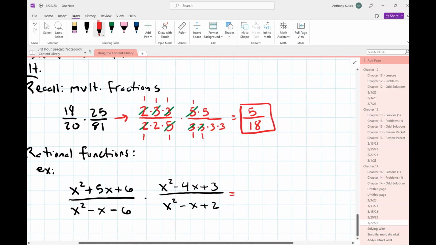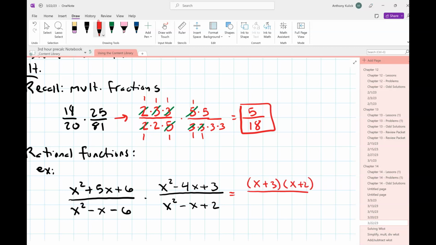We want to start by factoring. So how do I factor x squared plus 5x plus 6? x plus 3, x plus 2. Good. And then the denominator, x squared minus x minus 6. x minus 3, x plus 2. Good.